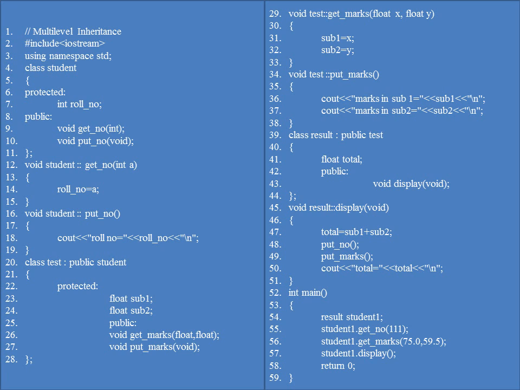That's why in line number 55 we are able to use student 1 dot get number, and we are able to use the student 1 dot get marks function, which it has received from class test. Student 1 dot display is its own function, at line number 43. So there are three classes: at the top level we have student, at the middle level we have class test, and at the last level we have result.